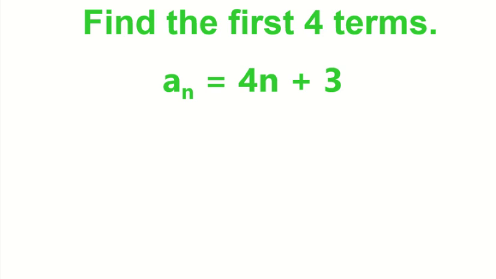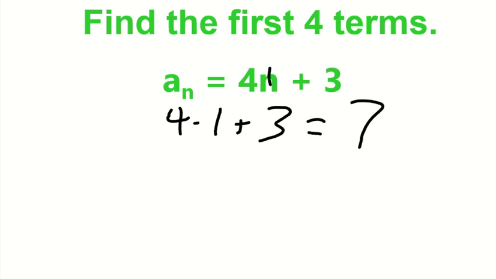Explicit, when it's explicit, you put the term numbers in for each one. So term 1, we put a 1 in. So we'd have 4 times 1 plus 3. That's 7. That's our first term. Then we put a 2 in. 4 times 2 plus 3, that's 11.